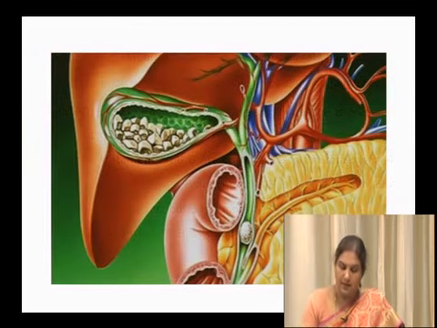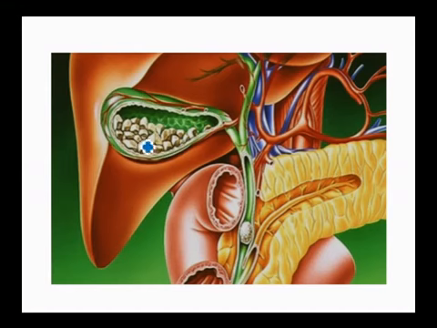I have a slide for this. See, these are all gallstones. You can also call this gall calculus. In obstructive jaundice, these gallstones or gall calculus are formed within the gallbladder. There is a chance that they might enter into the cystic duct and block the passage.